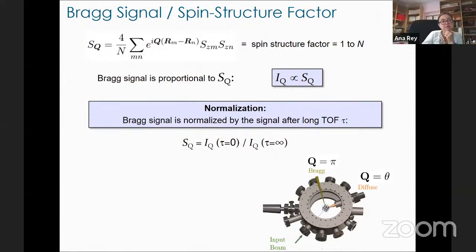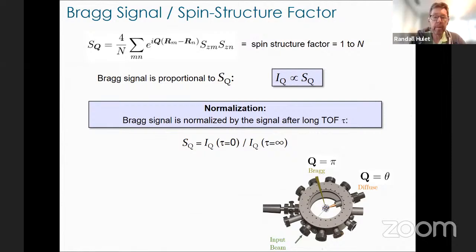And there are more questions. Is there a straightforward way to see why there is a relationship between the Bragg signal and the spin structure factor? Yes, but I'm not prepared to show that.